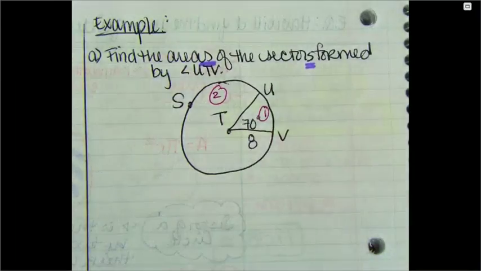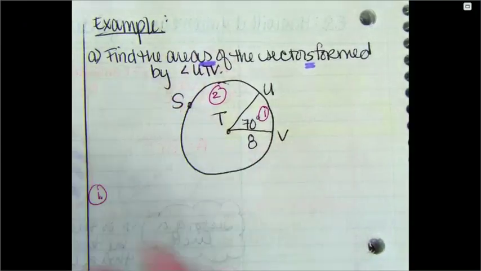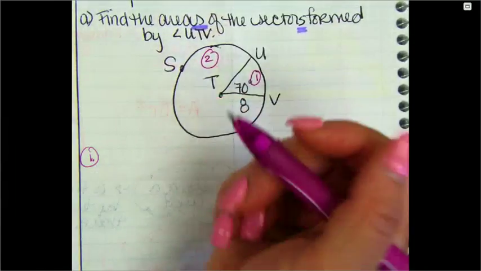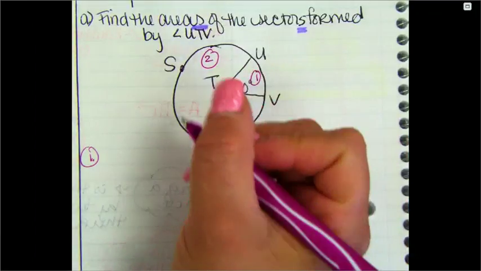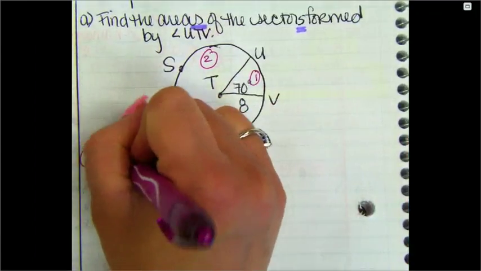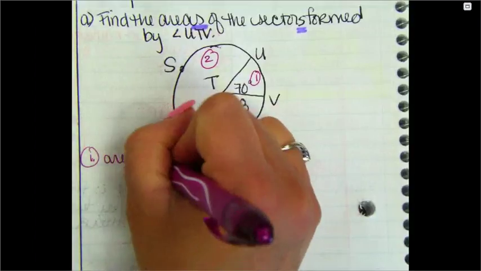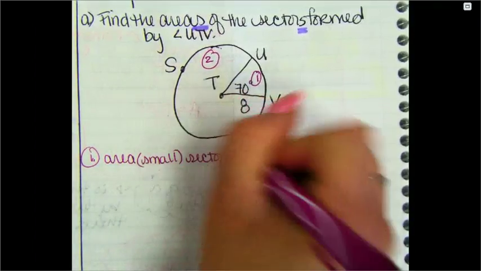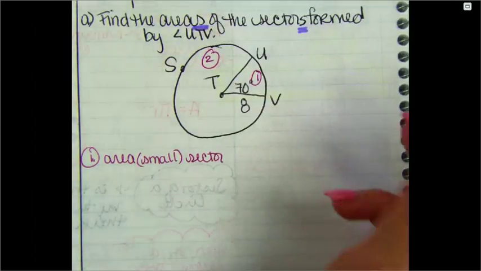Let's start with 1. How do you find the area of the sector? What's the formula? Area of the sector. I'm going to call it small sector, because there's 2. Area of small sector, what was it?